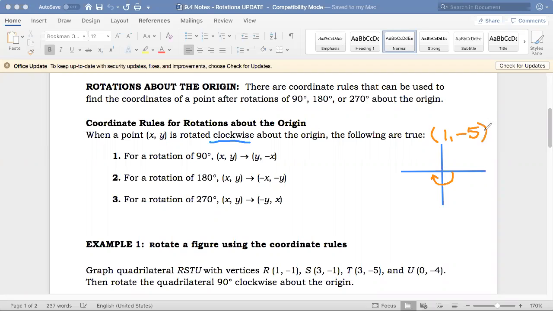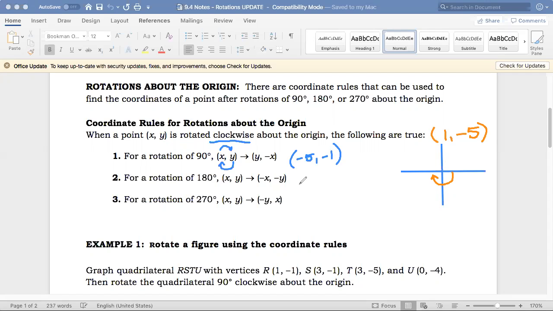If we're taking this coordinate of 1, -5, and we're rotating it 90 degrees around the origin, we're going to change y to where x is. X is going to go to where y is, and then we're just going to change the sign on that guy. So in terms of our 1, -5, we're now going to have -5, -1. So if we were to do a 90-degree rotation of 1, -5, it's going to become -5, -1.